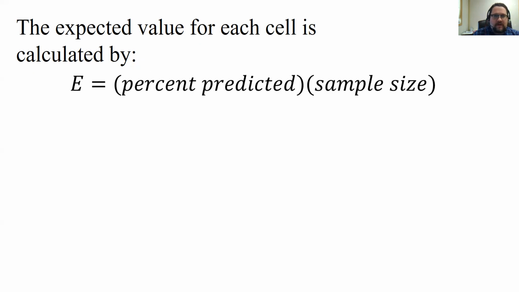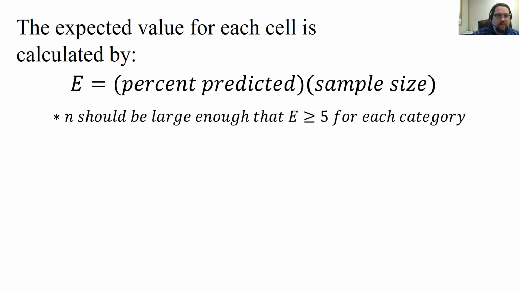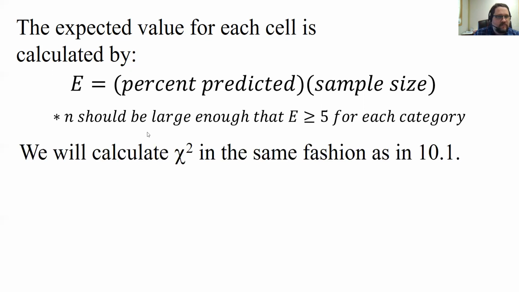To calculate the expected value for each cell, we take the percent we predicted for that cell based on the predicted distribution, times the sample size, n. Just a quick note: the sample size has to be big enough that the predicted value for each individual category is at least 5. If you can't get at least 5 in there, then you're not dealing with a large enough sample to make a judgment call using these chi-squared values.